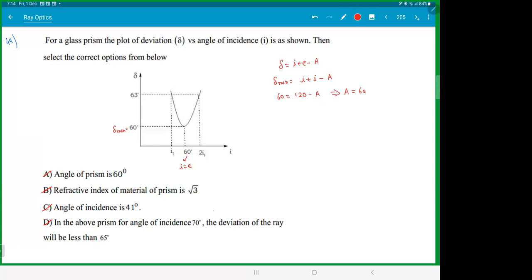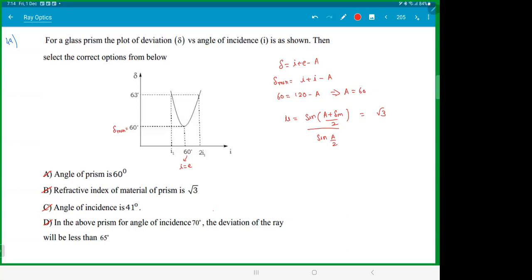Okay. Then the refractive index of the material. Mu of this will be sine of (A plus delta) by 2 by sine A by 2. That is sine 60 by sine 30, root 3. That also comes. Angle of incidence is 41. That is the value of I1 he is asking.